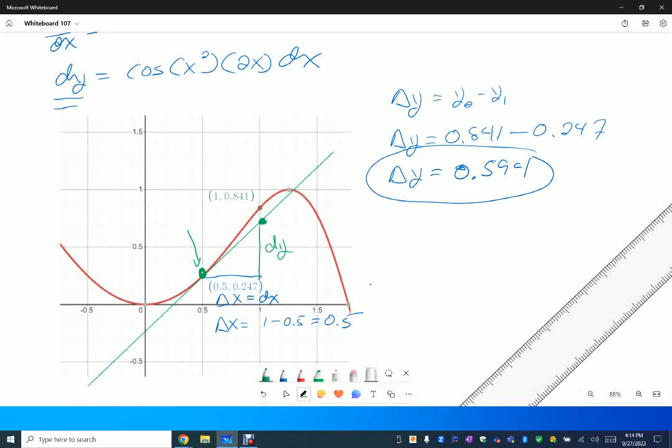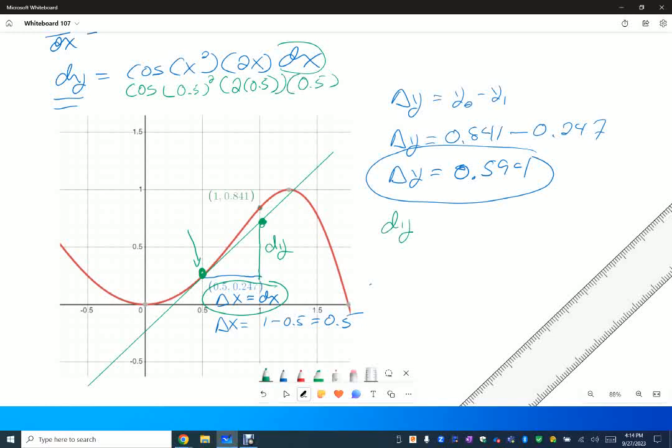I'm putting in cosine at that x value of 0.5 squared times 2 times that 0.5, and dx and delta x I'm going to use interchangeably, and that will be times 0.5. And this is the dy I should get.